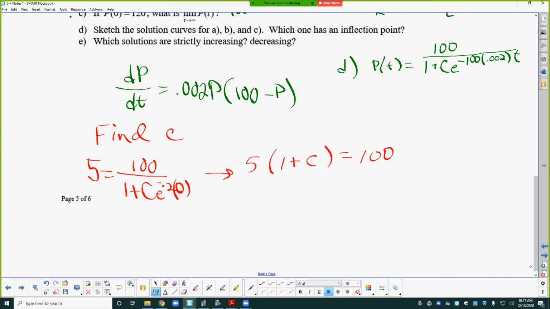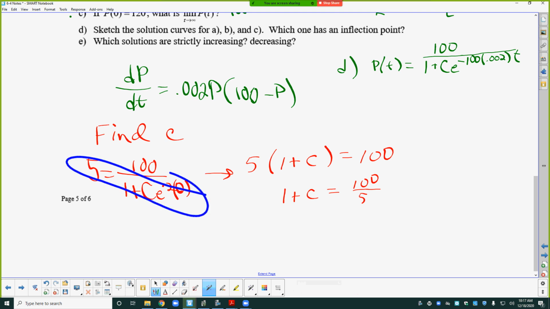Divide both sides by 5, and then subtract 1. So now I get C equals 19.